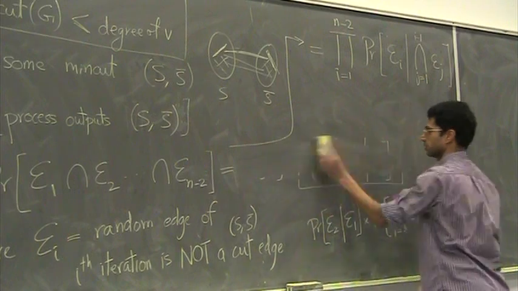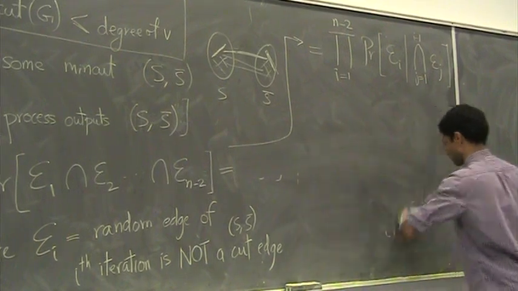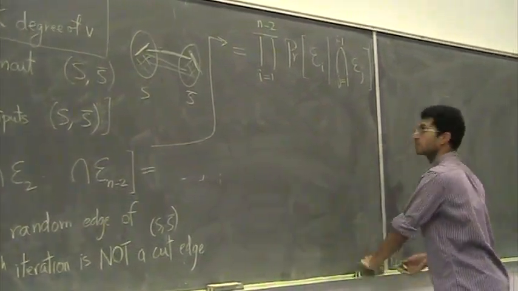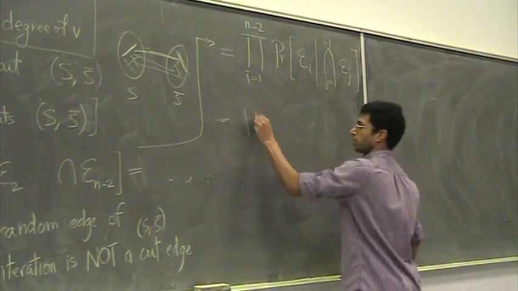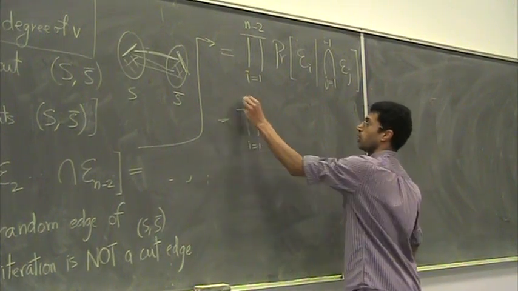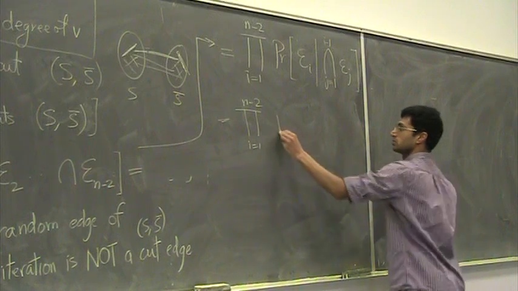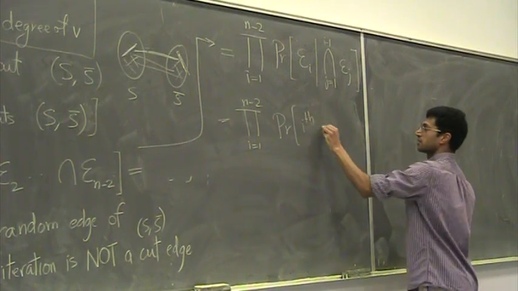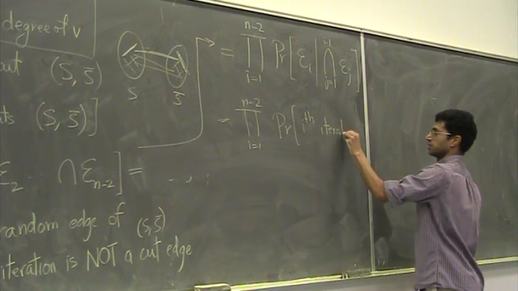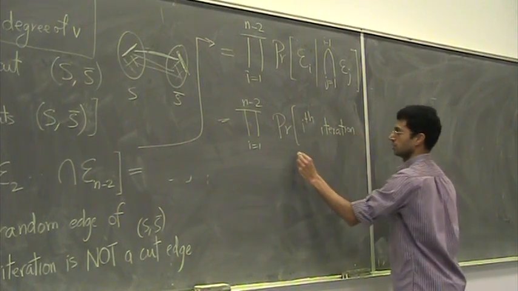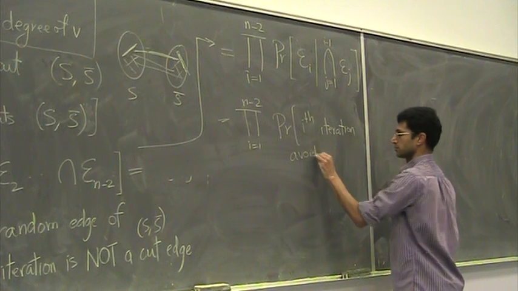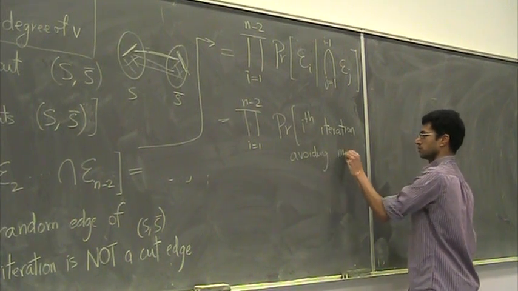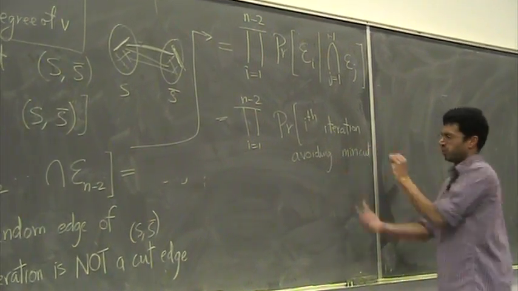So I'm going to remove this. And this is just saying that this is the product from i equals 1 to n minus 2 of the probability of the ith iteration avoiding the mincut. You understand what this means, right?